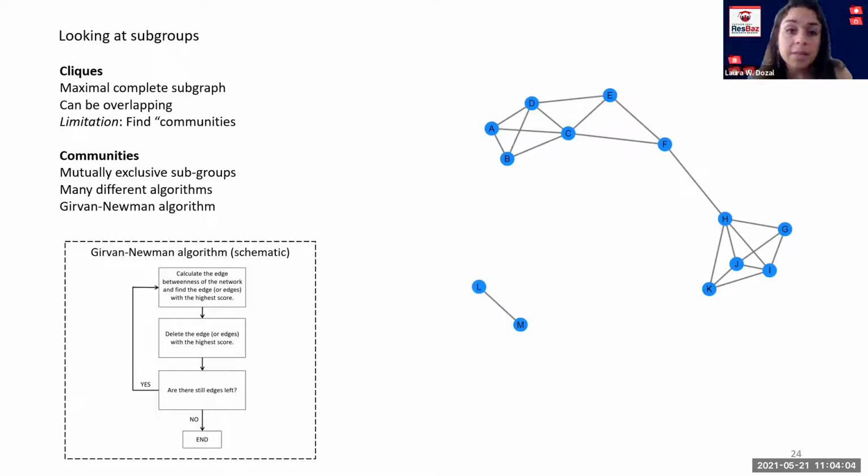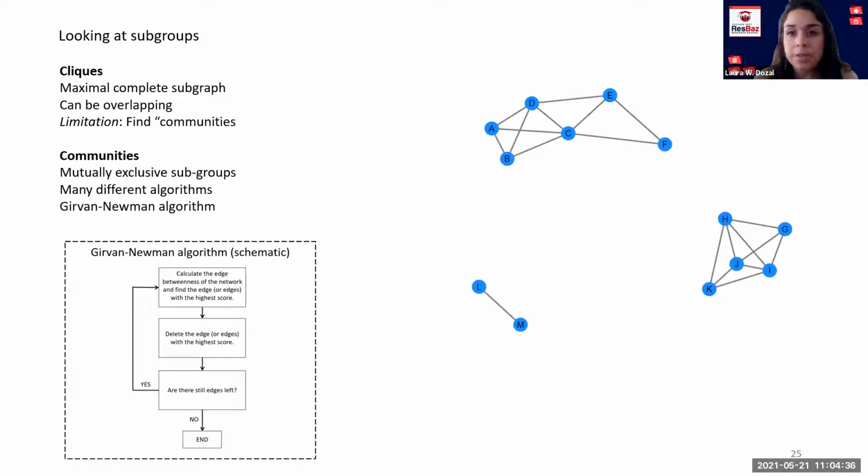Once they find those edges with the highest score, they delete those edges, remove them. And then we look, are there still edges left between these communities? If there are, then we go back and find the edges with the highest betweenness centrality and remove them again, and so on until we have these concrete groups.